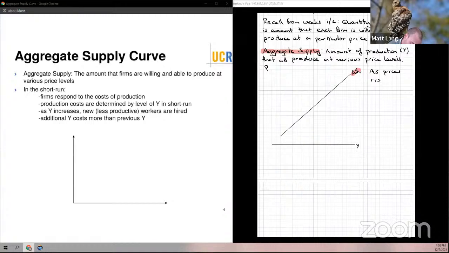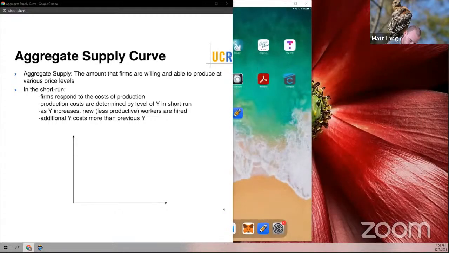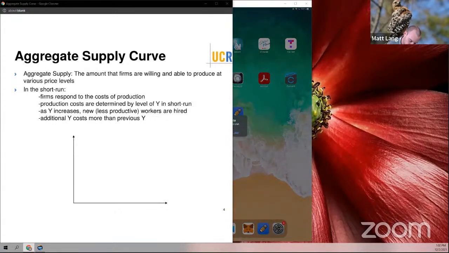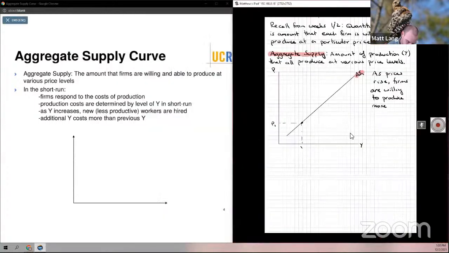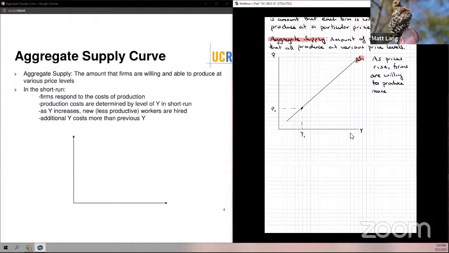So this aggregate supply curve is saying that as prices rise, firms are willing to produce more, all right? So if we're here at, let's say, P1 and Y1, we can call this Z low, so we're at this low level of output.